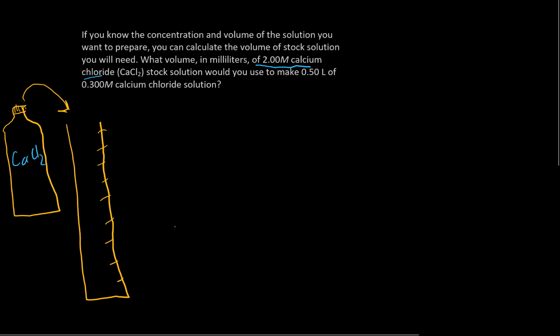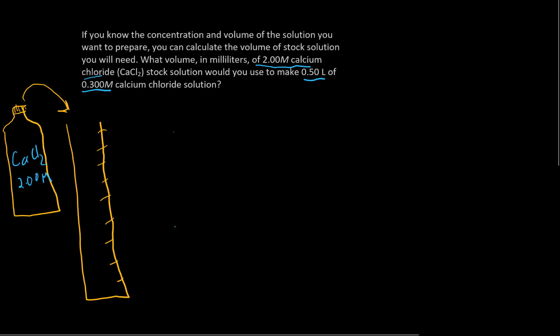That is our stock solution. But for our lab, we need a half a liter of 0.300 molar solution. So we have to find a way to dilute this concentrated calcium chloride to a half a liter of 0.300 molar calcium chloride, so much less concentrated.